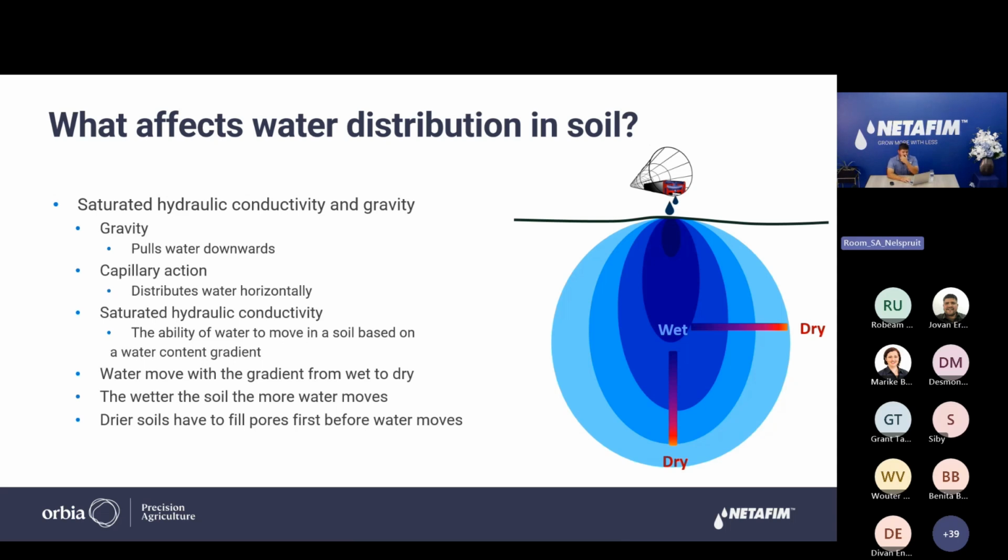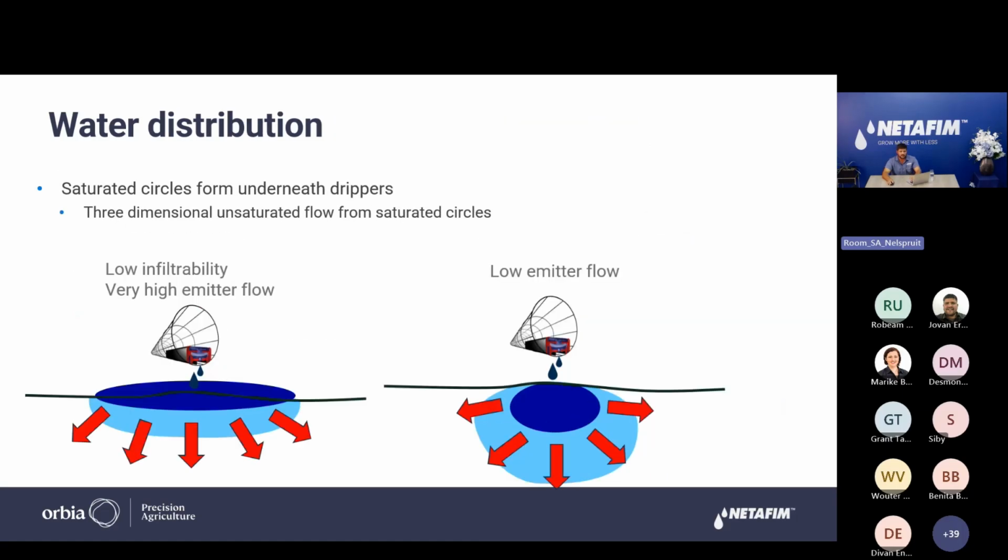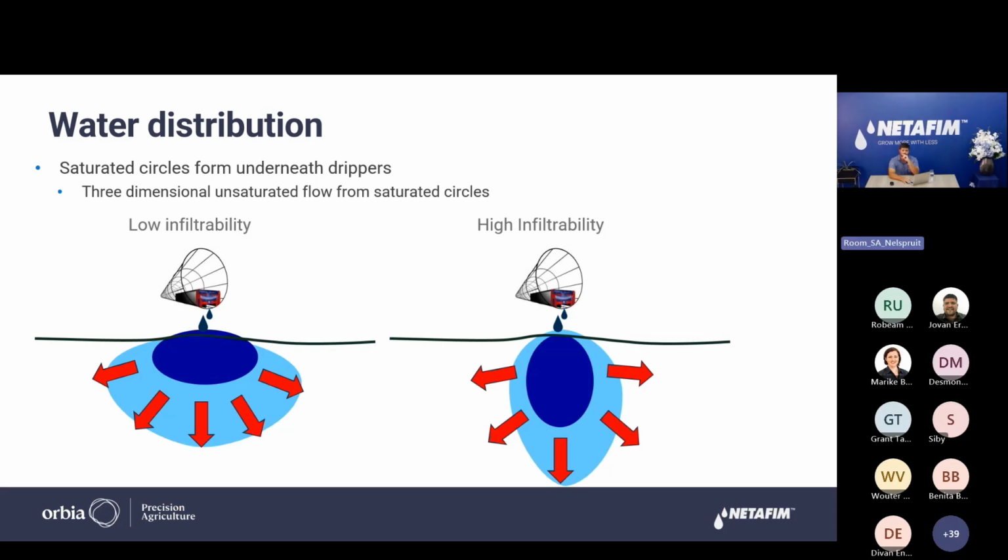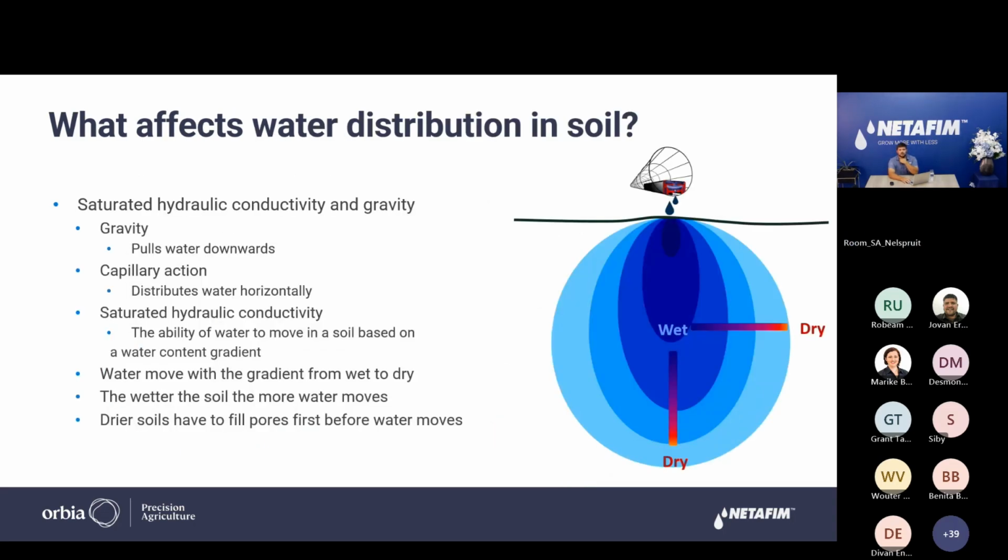Again, the same situation there. Only once it's saturated underneath that dripper can the water move, and there is always a ratio between wet and dry. One of the nice things is that, as you can see, as your plants use water, that ball shrinks and expands as you irrigate again.